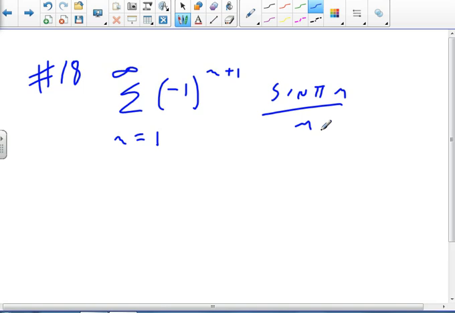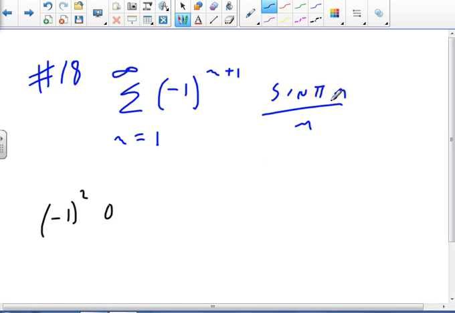Okay, so we're going to have to look at this. When n is 1, I'm going to have minus 1 squared. The sine of pi is 0, right? And in fact, the sine is always 0. So sine pi n is always 0.